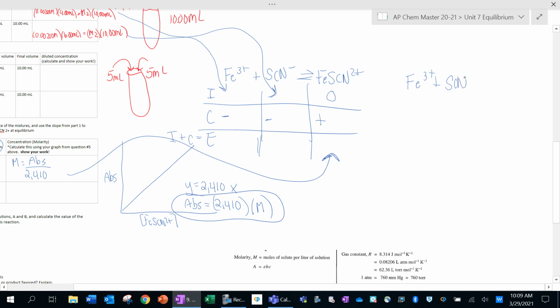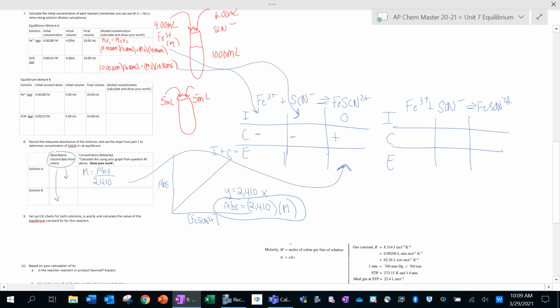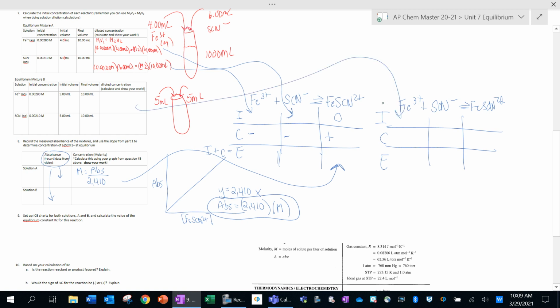So there is test tube A and test tube B. So we calculated initial concentrations for test tube A, and you're also going to calculate them over here for test tube B. And then you're going to calculate the molarity for test tube A and for test tube B. So you're going to have 2 ICE charts, and we should see that they will both give you pretty similar K values, because the value of K is a constant, so it will be constant no matter what our initial conditions are. So we should get similar K values for both of these calculations.